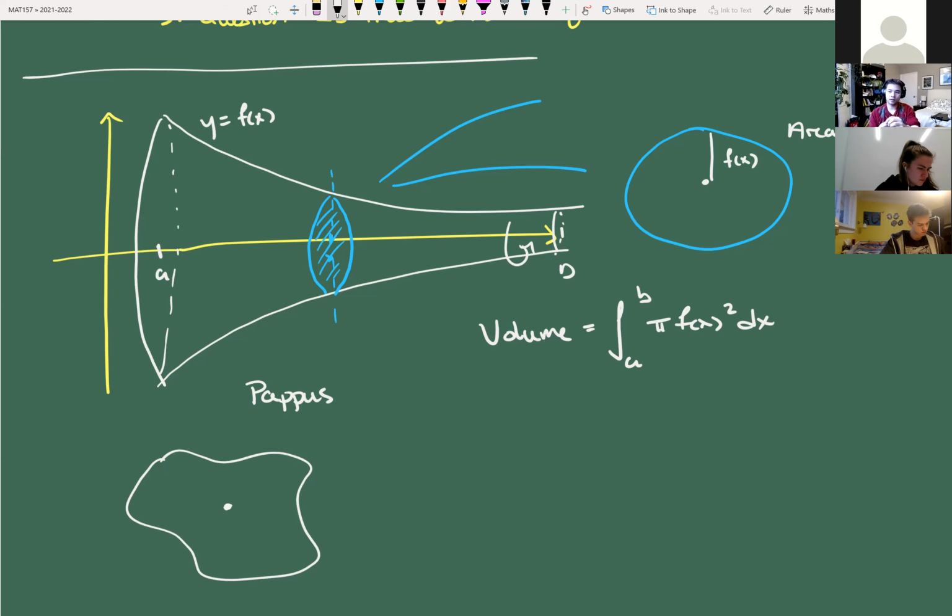Then you have Pappus's theorem, which says if you take a shape like this and you rotate it about an axis like this, then the volume that it sweeps out is proportional to how far the geometric centroid traveled. So you look at how far the geometric centroid traveled, and you multiply that by the area of your shape, and that is the volume that you create, which is, even just physically, an interesting thing.